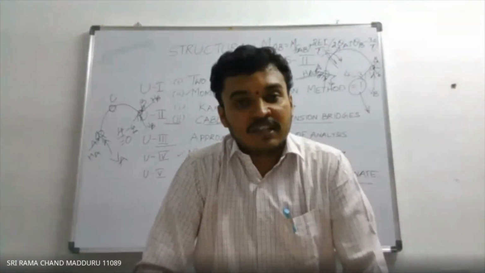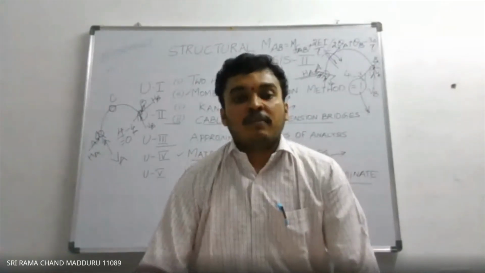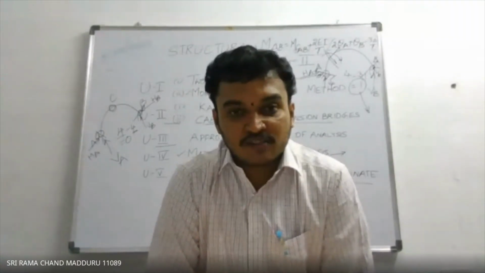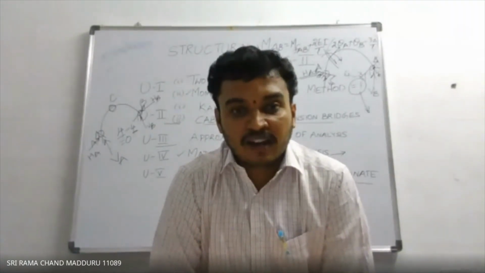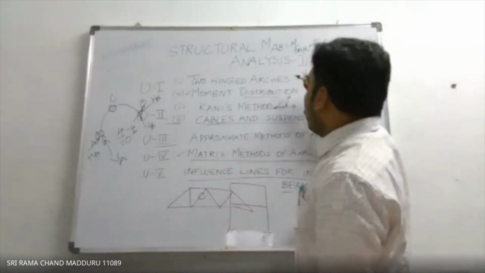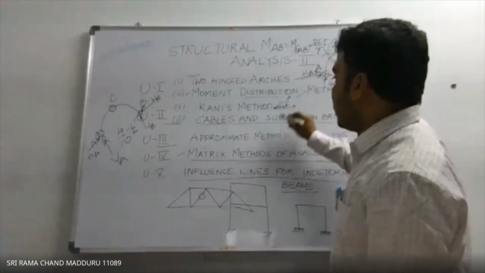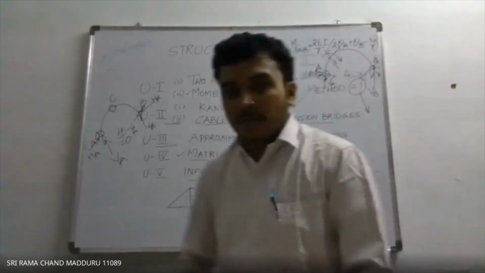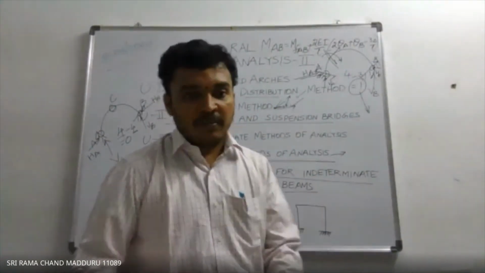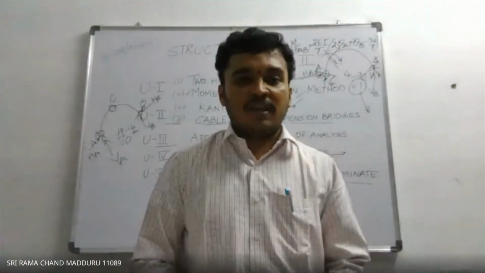Propped cantilevers and fixed beams were analyzed in our Structural Analysis 1, and continuous beams were analyzed with the help of the slope deflection method. Now we will see two other methods, the moment distribution method and Kani's method. They will be helpful to analyze beams as well as frames.